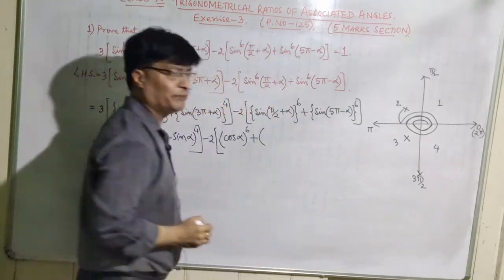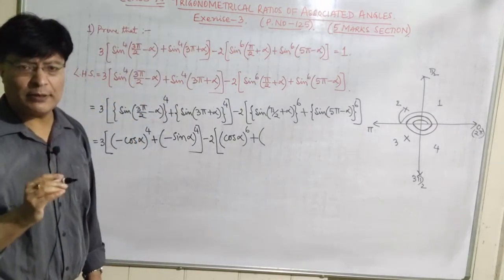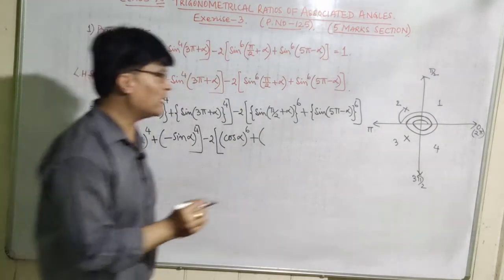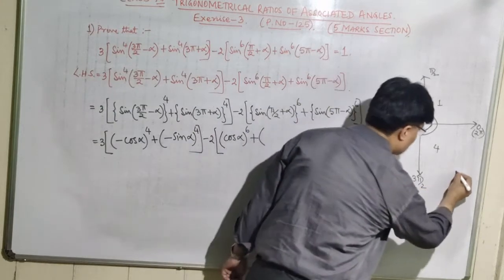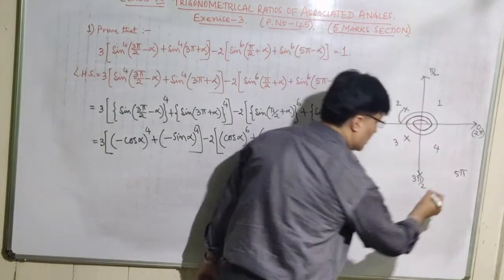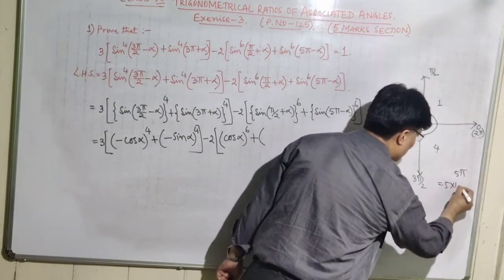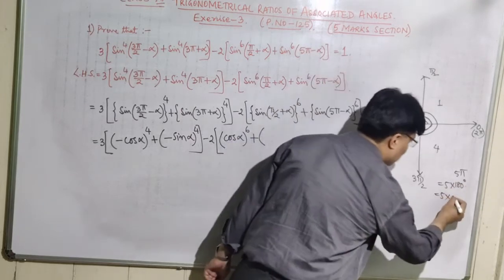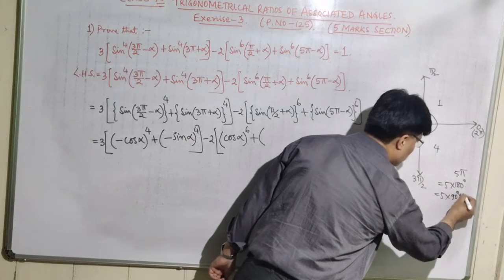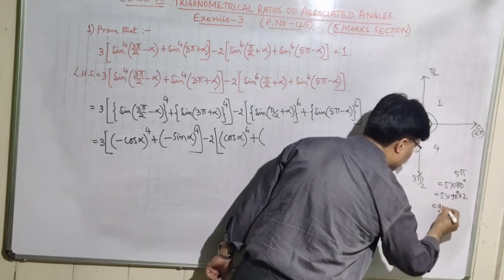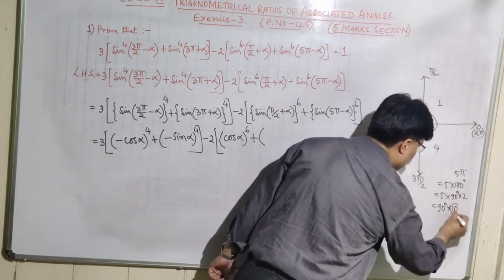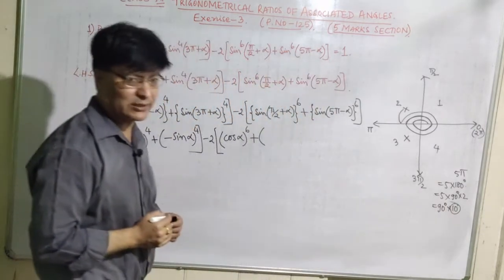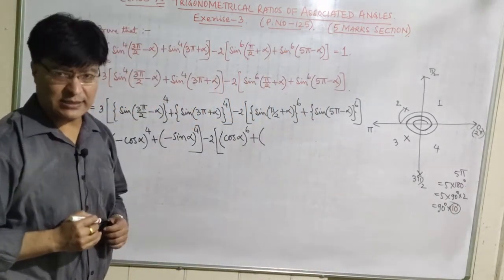This 5 pi, is it an even multiple of 90 or an odd multiple of 90? Let us check it. 5 into pi, pi means 180 degree, which is 90 into 2. So it is 90 degree into 5 twos are 10. So 10 is an even multiple, isn't it? So it is an even multiple of 90.